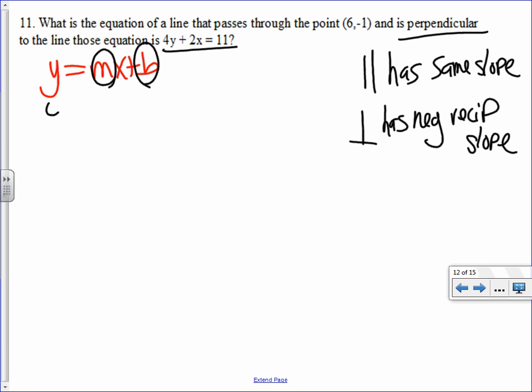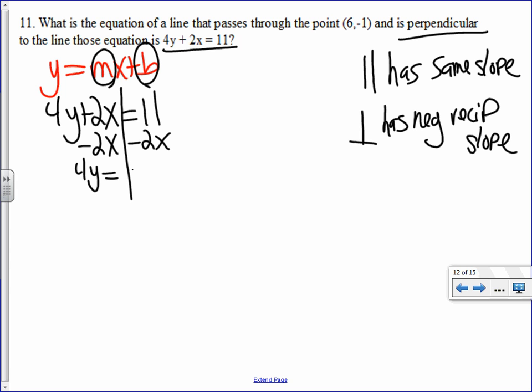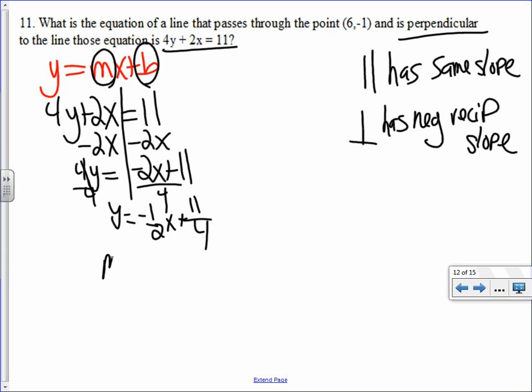So, I got to get y by itself. So the slope of this line is negative 1/2. So the slope of my perpendicular line, the negative reciprocal of that, is positive 2.